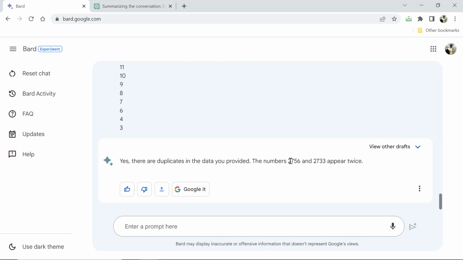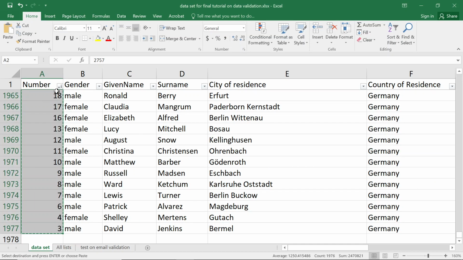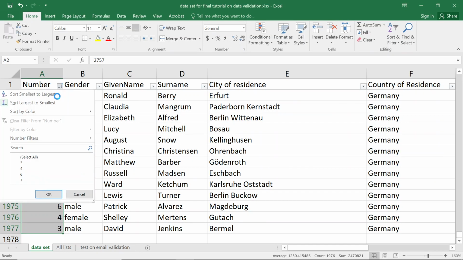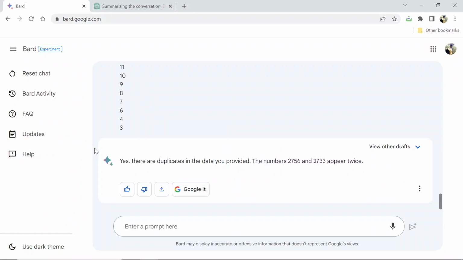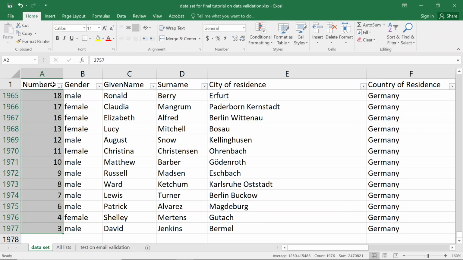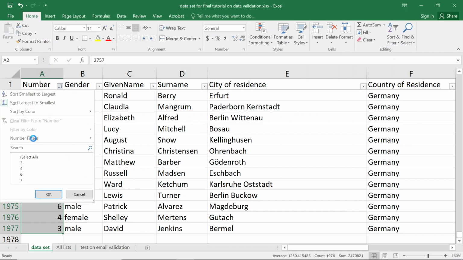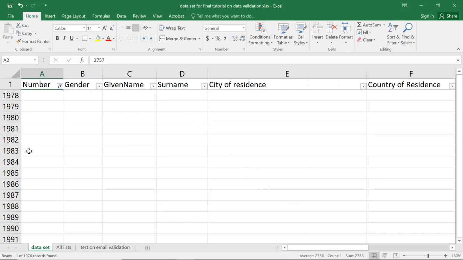The numbers 27 56 and 27 33. Let me check. My data set is here. It says 27 56. Let me select only 27 56 to see if there is a duplicate here.